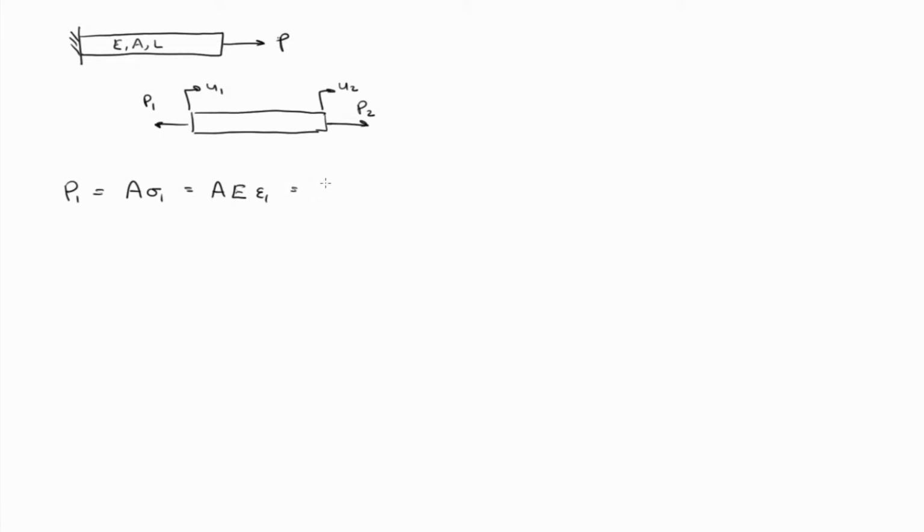And if we use the engineering definition of strain, it's the change in displacement divided by the original length. So then we'd have U1 minus U2 over L. So that is AE over L U1 minus AE over L U2, right?